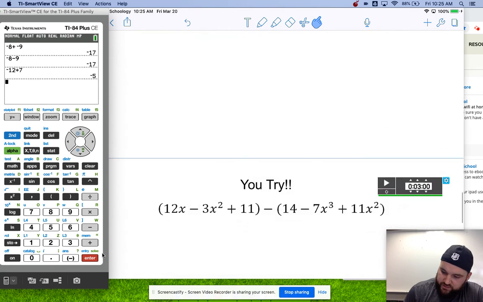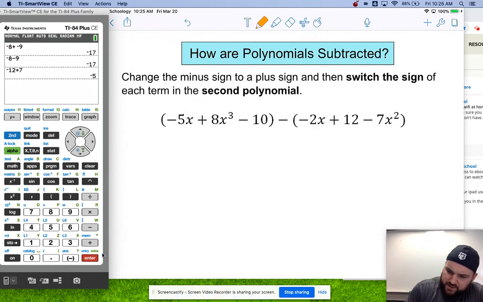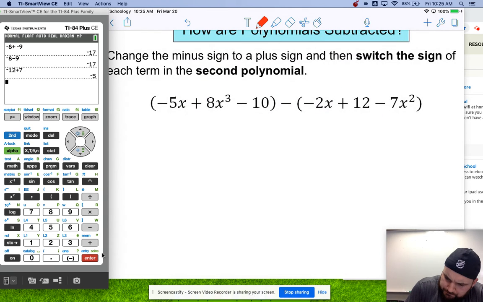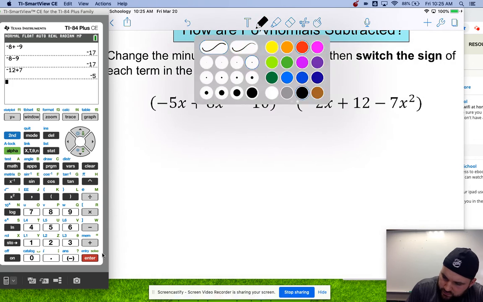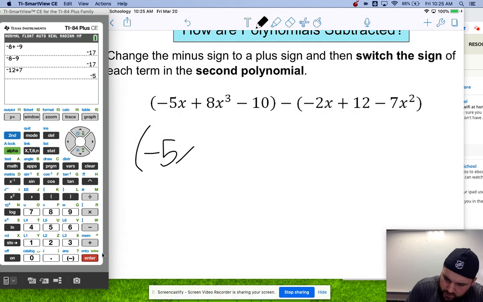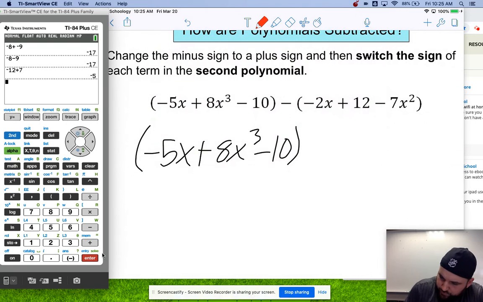Again, just another example. Same idea. So if you want to skip to the you try, go for it. I'm going to keep this in the same color. So I'm going to, again, keep my first polynomial the same. And then I'm going to switch this to a plus sign.